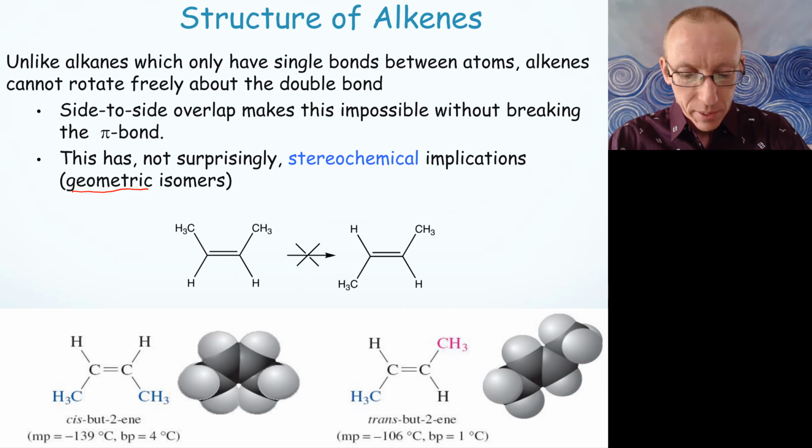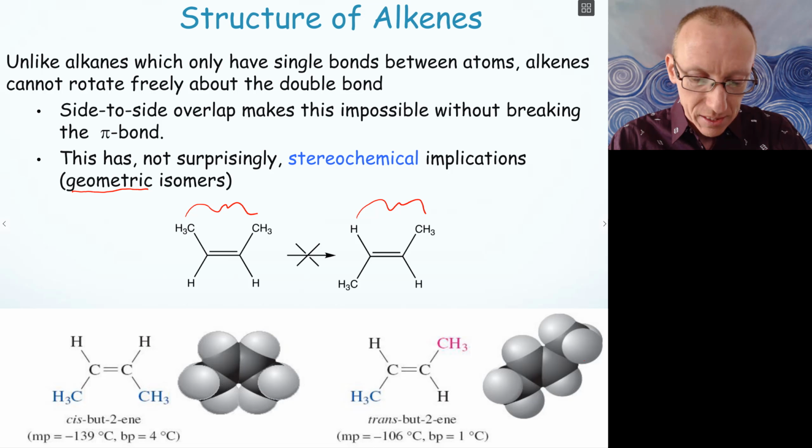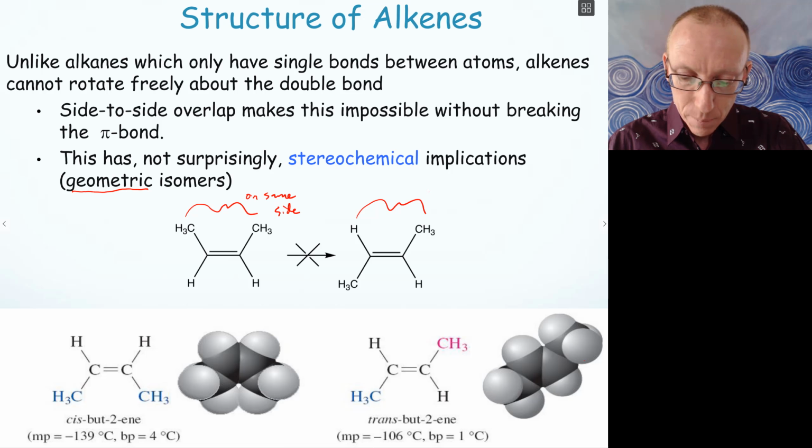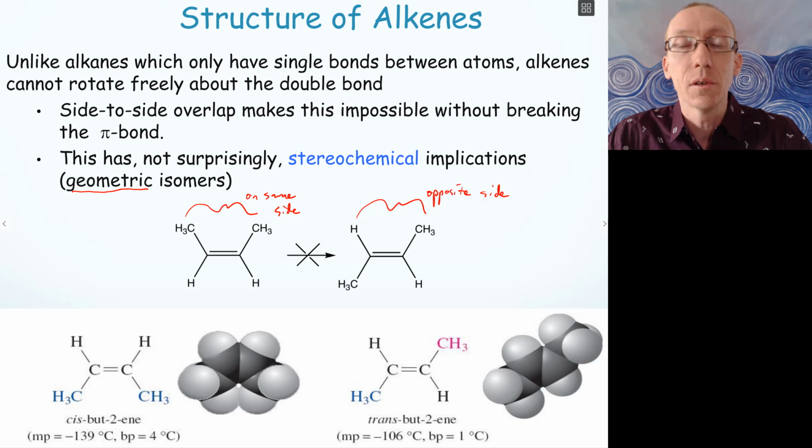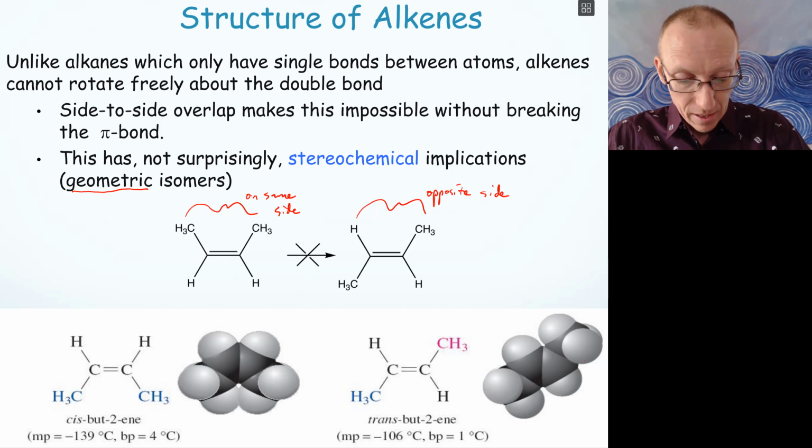So for example, if we have this alkene here, it is different to this alkene here. So we've got these two methyls on the same side, whereas in the other molecule, we've got the two methyl groups on opposite sides. And so they're actually different compounds or different stereochemistry or different stereoisomers.